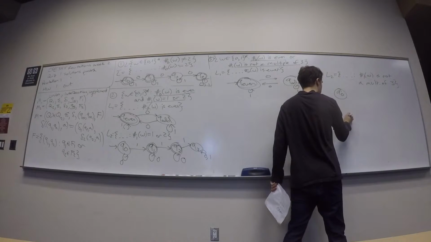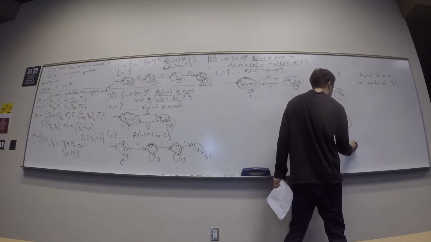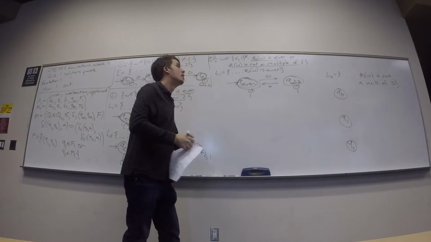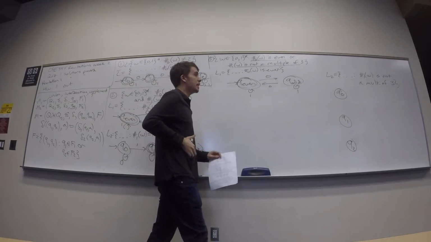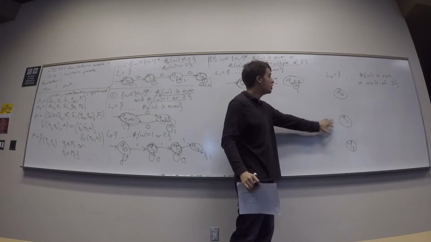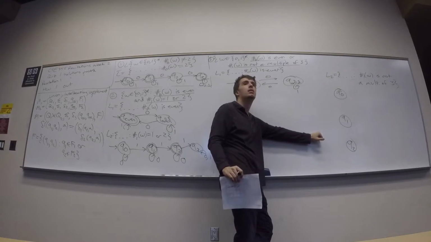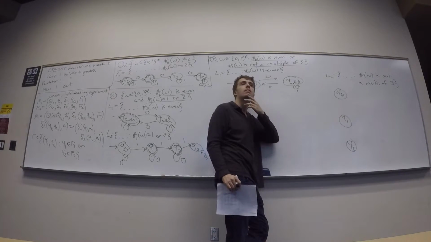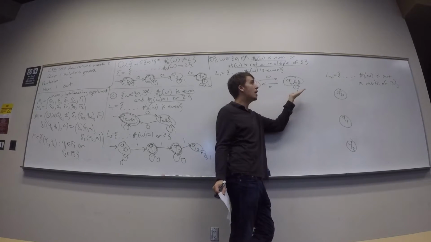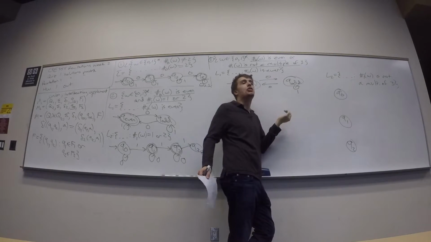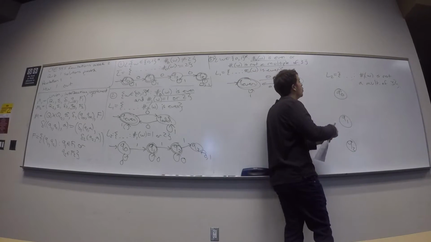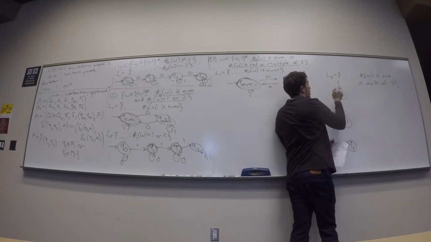So Q0, Q1, Q2, and for the interest of time, I'm not going to do the complement, because that would be easier, but I'm not going to do it. So what should the start state be here? It should be Q0 because I haven't read anything, so the number of ones we've seen is 0, which is a multiple of 3. So I should have that be the start state.